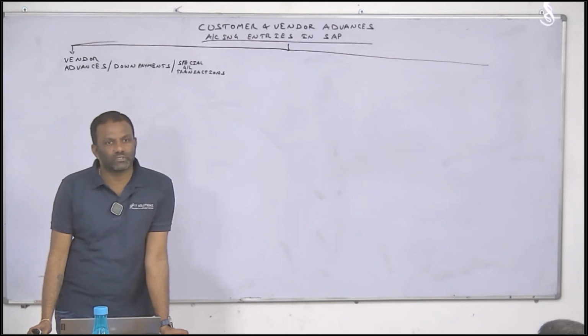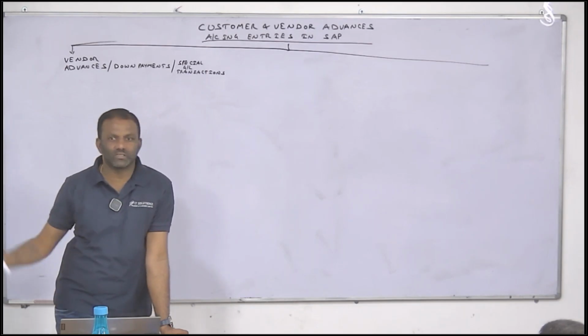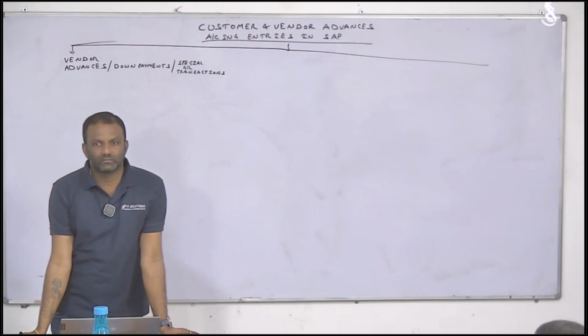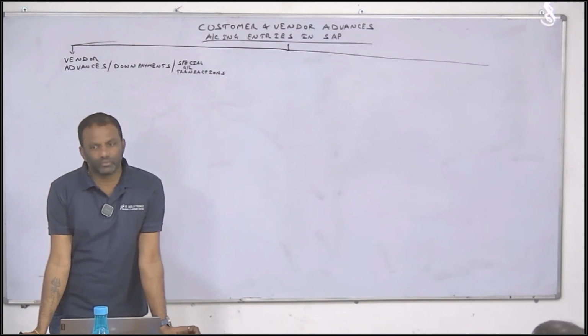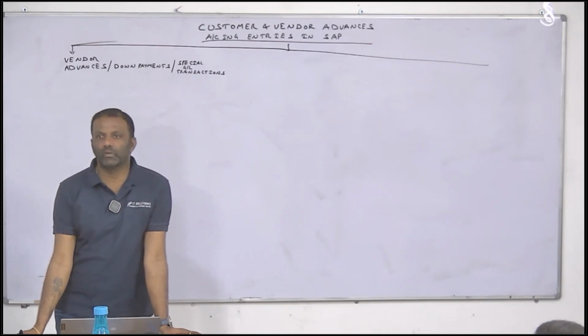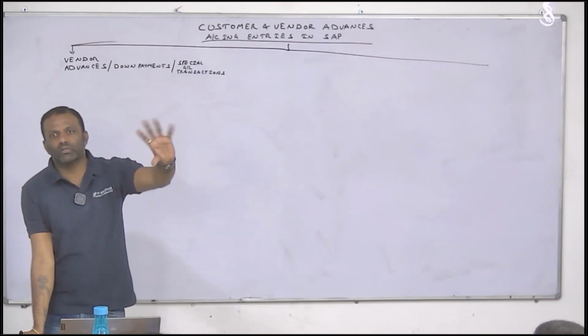I requested them, how can I pay the total amount because it is some 10 or 20 lakhs. I do one thing: first I will pay some advance, maybe 20% or 30%, whatever it may be. Once you deliver the goods, I will pay the remaining. It may take 1 week or 10 days.